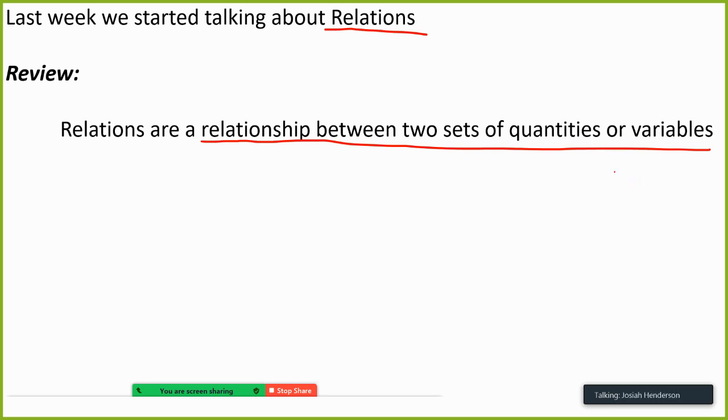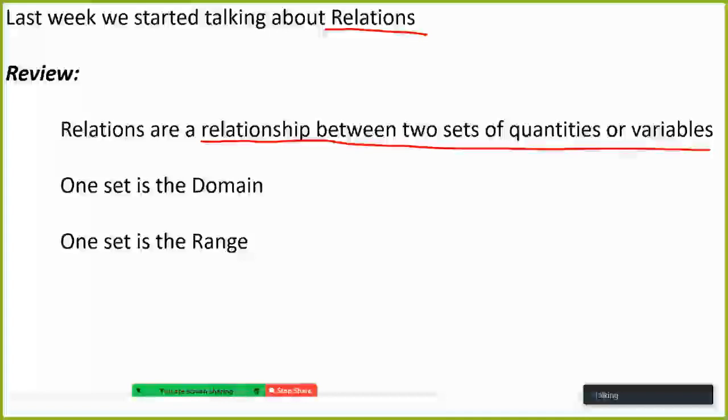Usually in our equations, those will be the x's and the y's, the inputs and the outputs, the domain and the range. And then I just said this, one set of the quantities or variables is the domain, and the other set is the range.